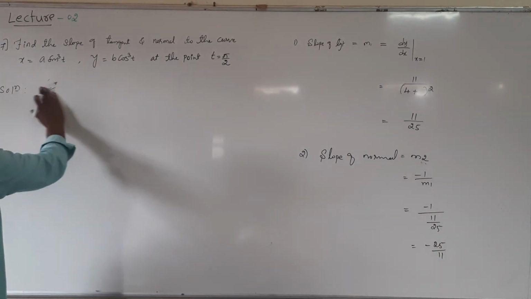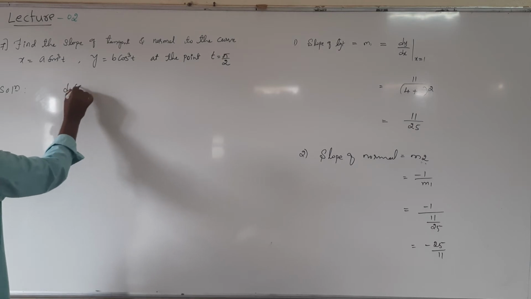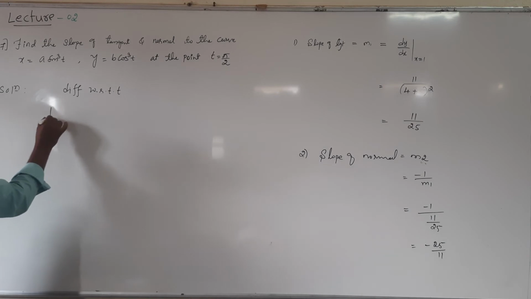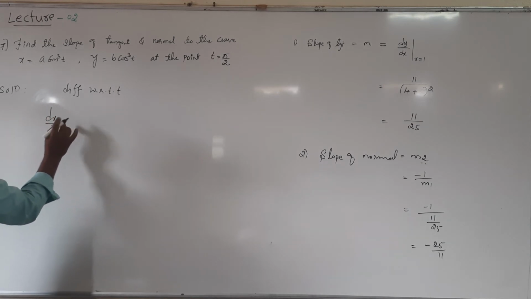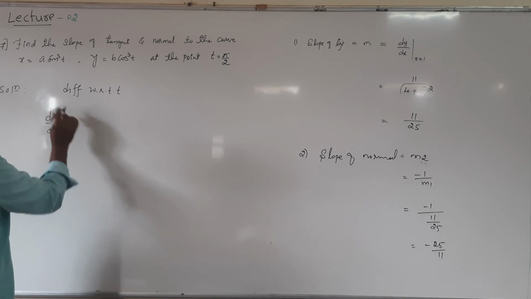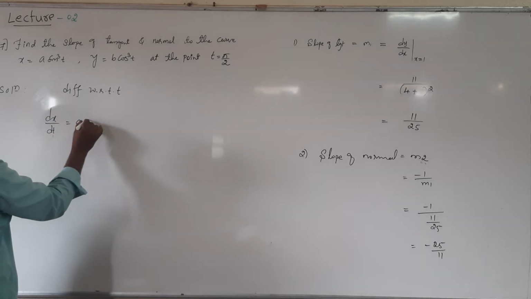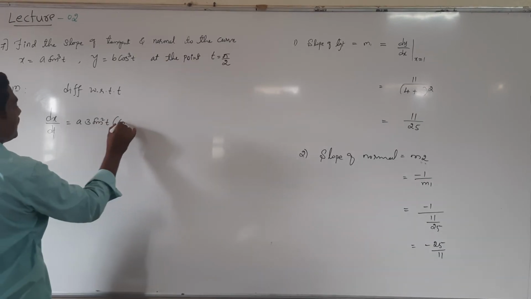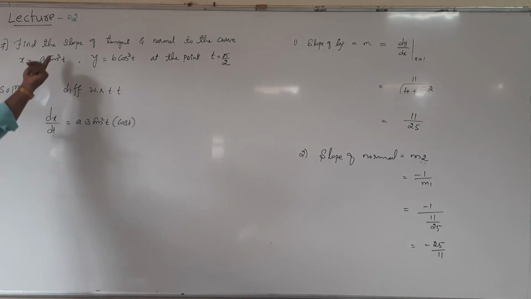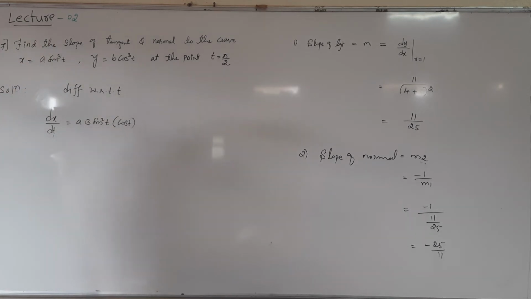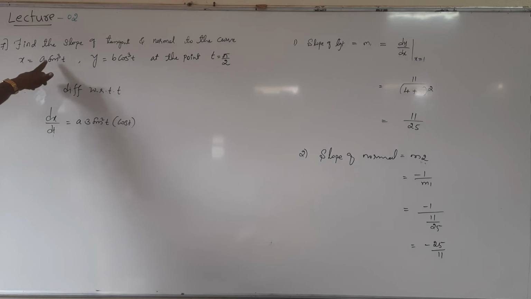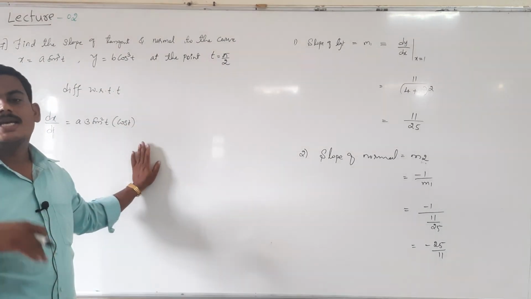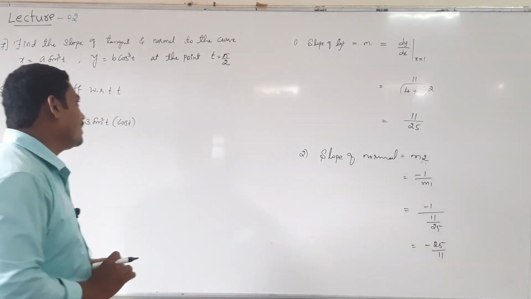Differentiate with respect to t. Then dx by dt is equal to a constant as it is, 3 sin square t into cos t. First power differentiation, sin cube is 3 sin square, into inner function is sin t, its differentiation cos t, inner function t, its differentiation 1 only.